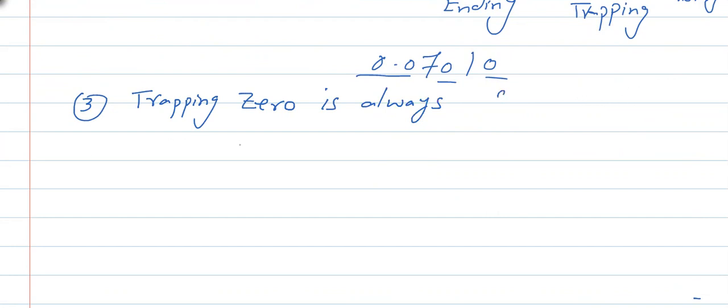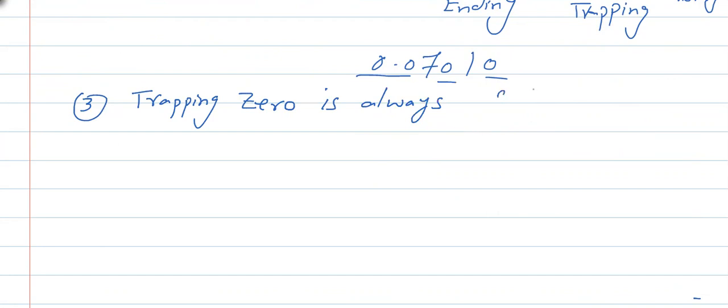If the 0 is trapping, it will be significant. Always it will be significant. So this one is clear now. We have now two clear things about the significant: 1, 2, 3, 4, 5, 6, 7, 8, 9, wherever they will be, are significant. If the 0 is trapping, it will be significant.